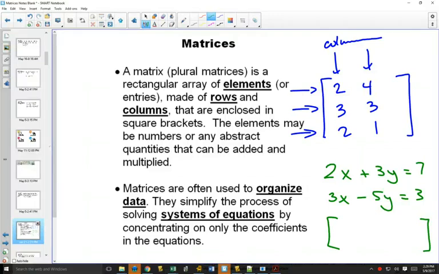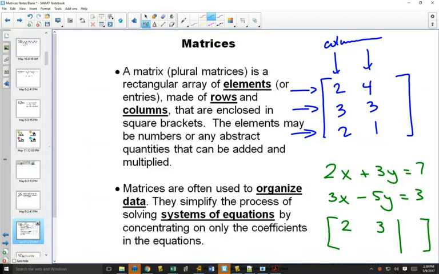So when you create a matrix for this system of equations, instead of writing the x's and the y's, you're just going to write the numbers in front and assume that someone will know that there was an x first and a y second. And then instead of an equal sign, we might just write a straight line because that would be quicker, because that's one line instead of 1, 2, 3, 4 little lines.